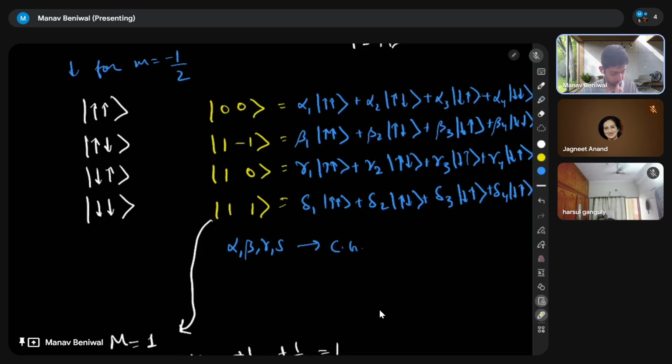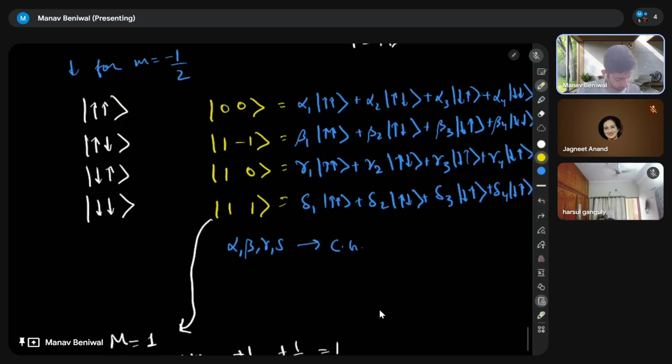Which means that delta 2, delta 3, delta 4 will be 0. So delta 2 will be 0, delta 3 will be 0, and delta 4 will be 0.